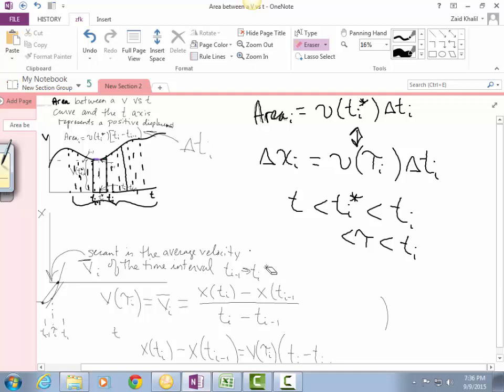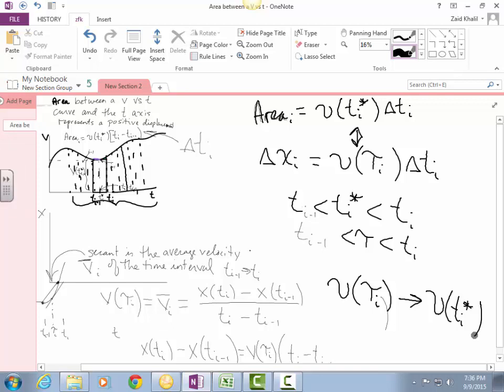What you're doing by increasing the number of subintervals is you're letting v of tau i approach v of t_i star. Or in other words, there's nowhere for these respective velocities to go but towards one another, because you're collapsing these intervals.